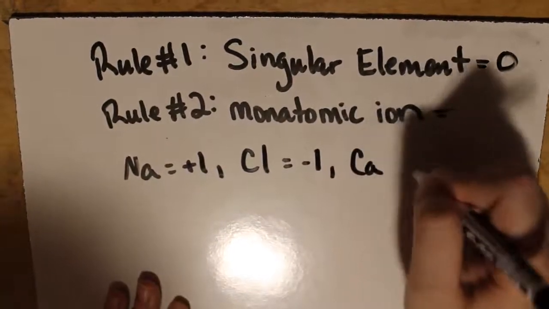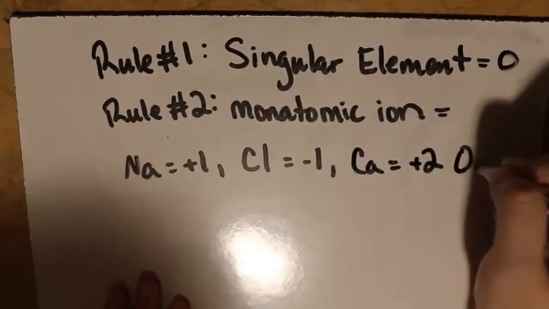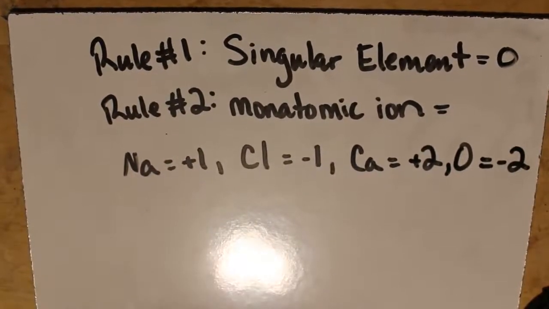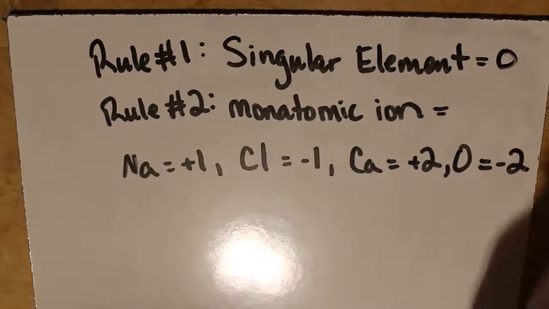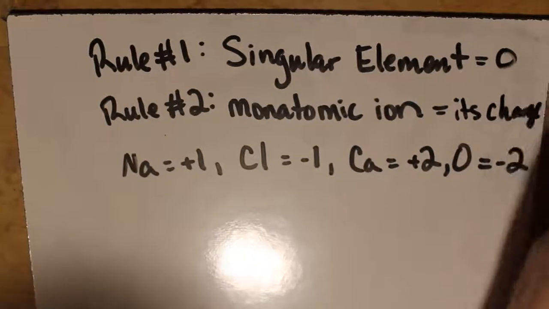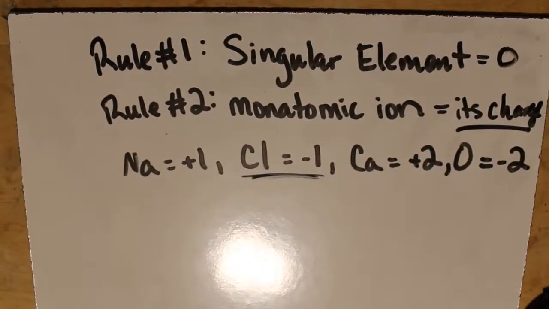If it is calcium, it's going to equal a +2. And if it is oxygen, it's going to equal a -2. Okay? So for a monatomic ion, it's going to equal its charge. You need to know chlorine. It's going to be on your test.